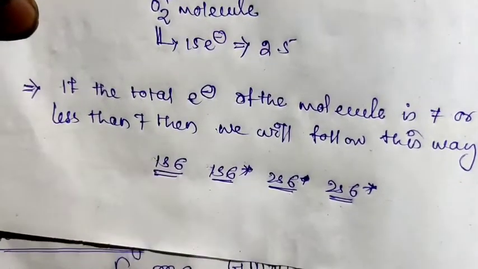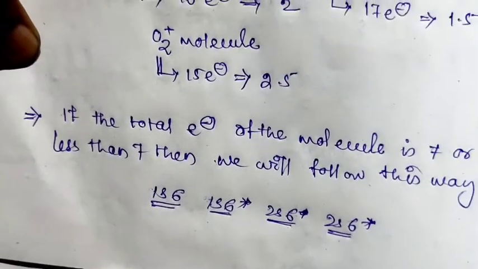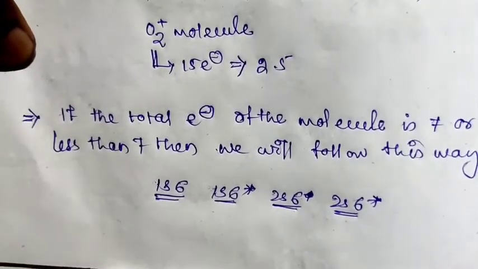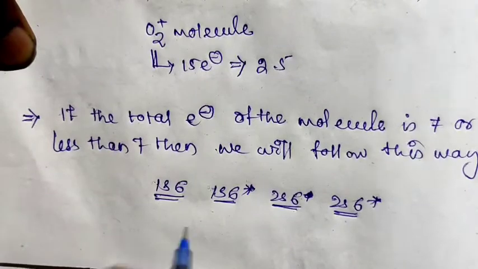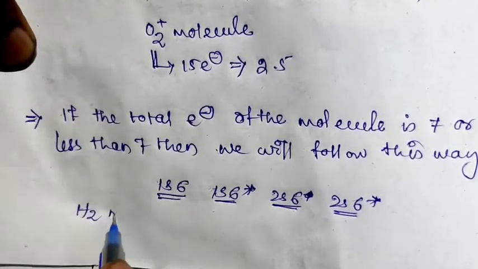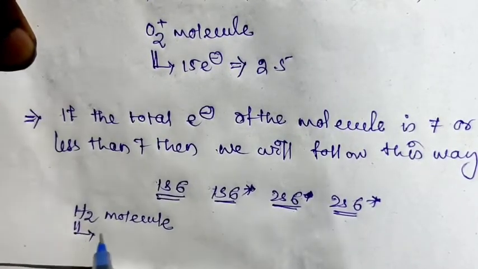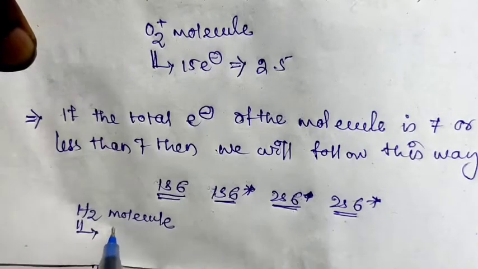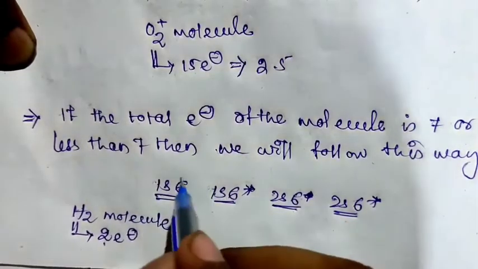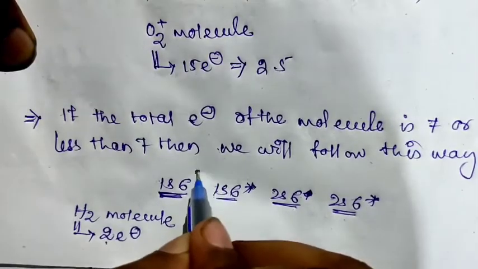So if we want to calculate the bond order of the H2 molecule, then we know that the H2 molecule has a total of 2 electrons. These 2 electrons first fill the 1s bonding orbital.